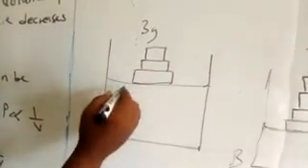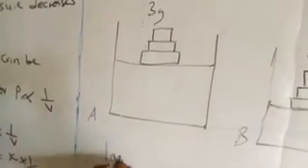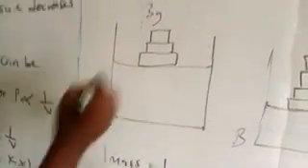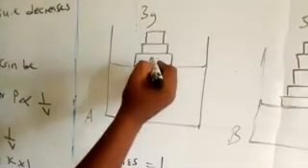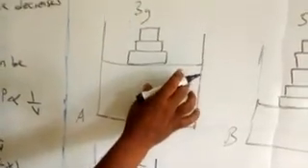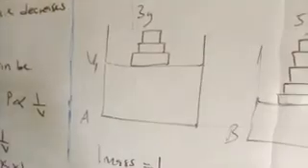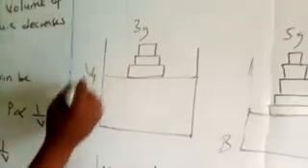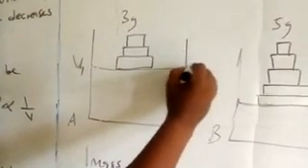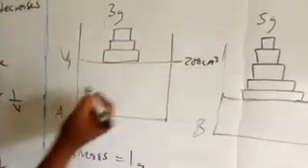Let's assume that one mass is equal to 1 gram. And we have 3 grams masses on this volume. Let's call this volume V1. Supposing that this point is about 200 cm cube.